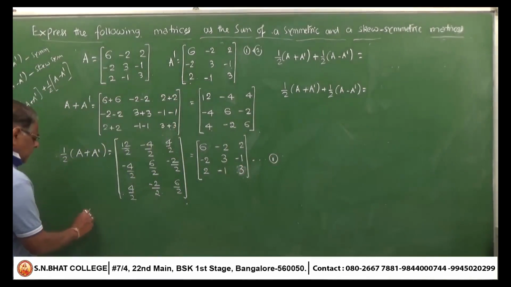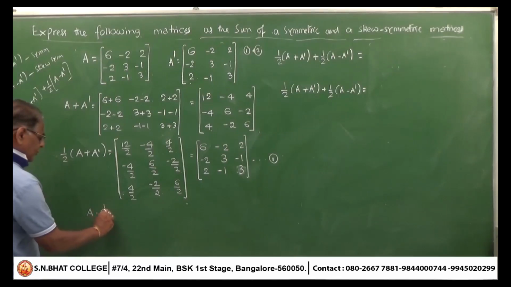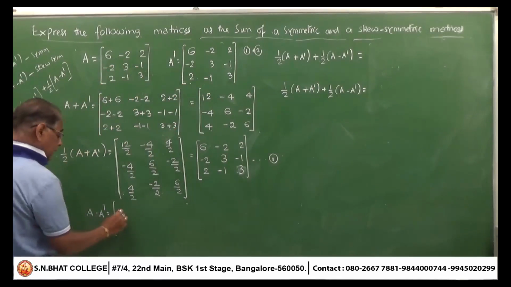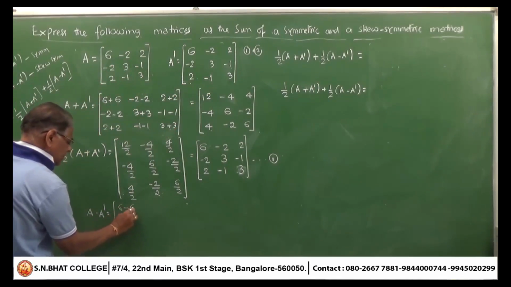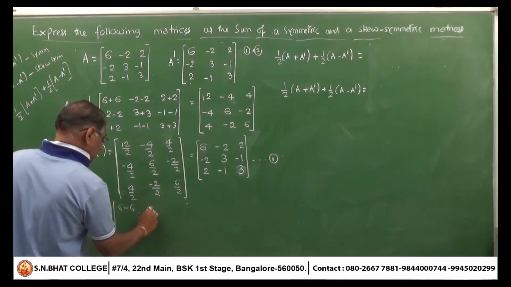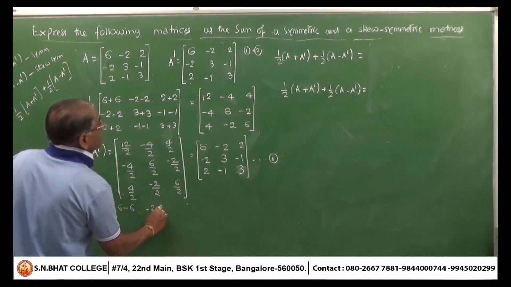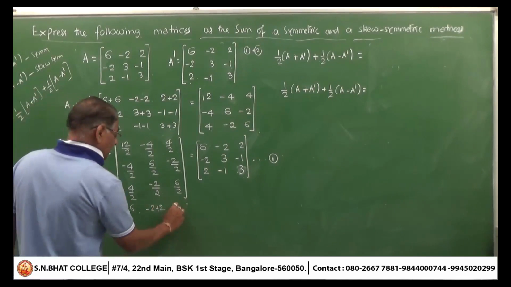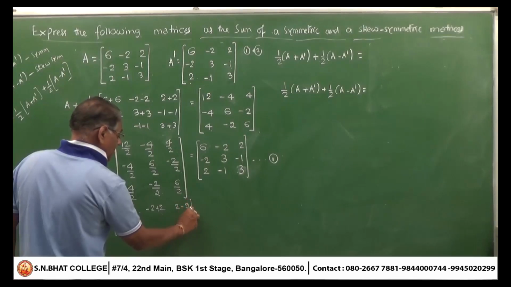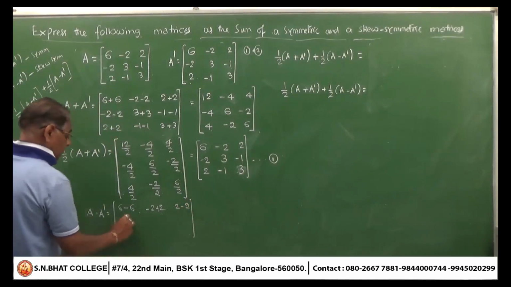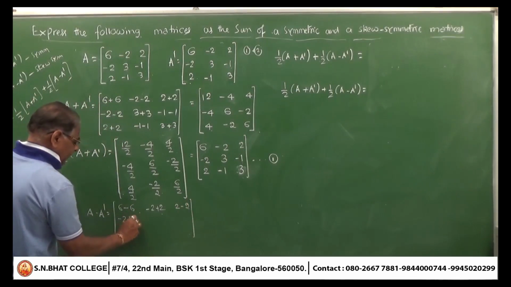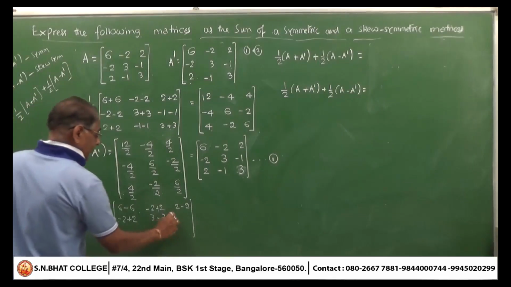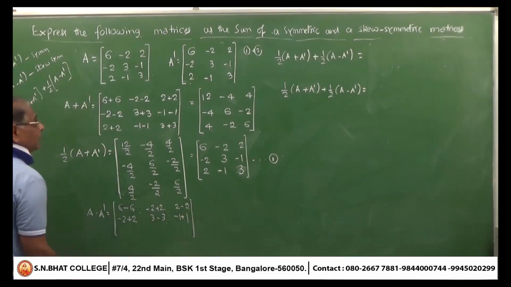Calculate next A minus A transpose. Subtract A transpose from A. 6 minus 6, minus 2 minus of minus 2 becomes plus 2, 2 minus 2. Next, minus 2 minus of minus 2 is plus 2, 3 minus 3, minus 1 minus of minus 1 is plus 1.